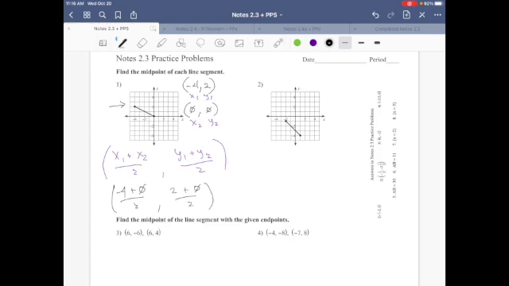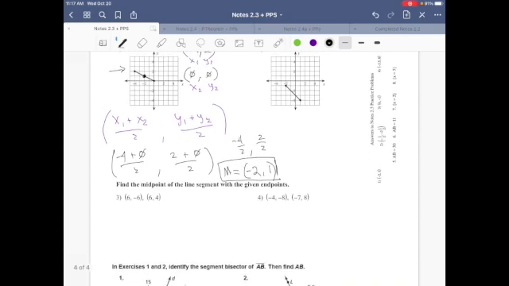And then negative 4 plus 0 is negative 4 divided by 2. 2 plus 0 is 2 divided by 2. So simplify and we get our midpoint equals negative 4 divided by 2 is negative 2. 2 divided by 2 is 1. So that would be our midpoint: negative 2, positive 1 right there.